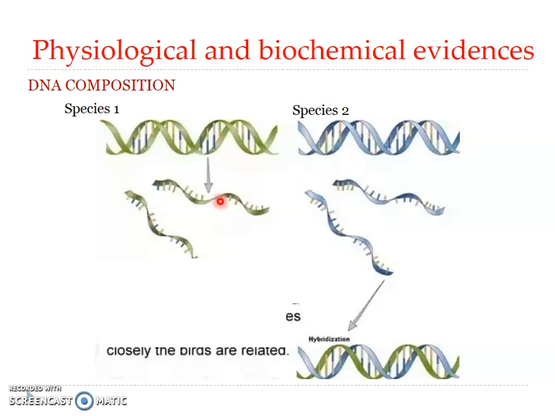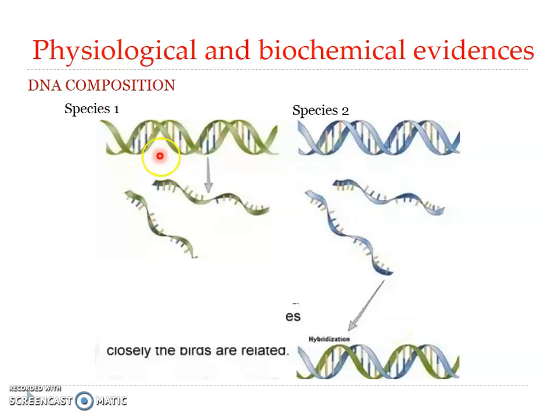And this single-stranded DNA of one species was broken into smaller fragments, and these fragments were brought into contact with the single-stranded DNA of another species. The DNA fragments of species 1 were found to pair with only those DNA fragments of species 2 having complementary base sequences to form a double helix.